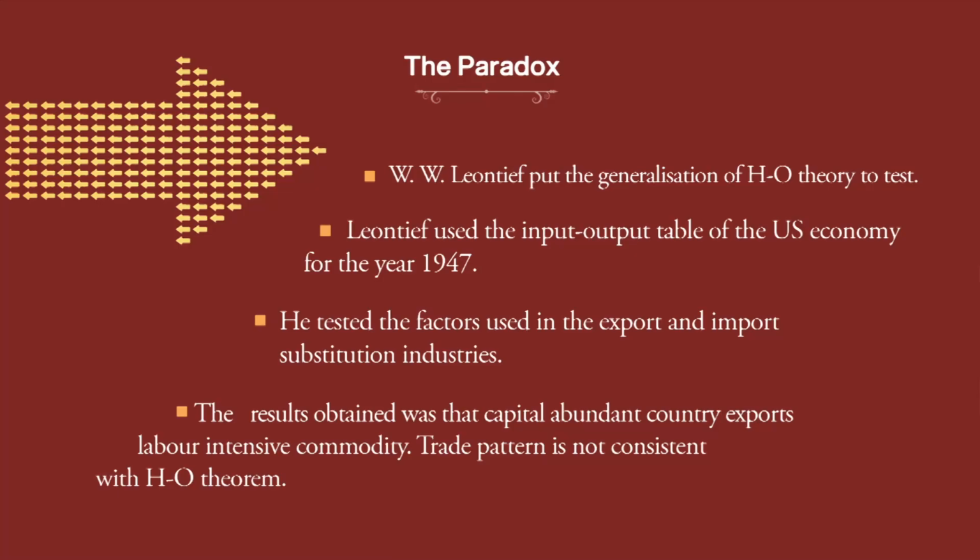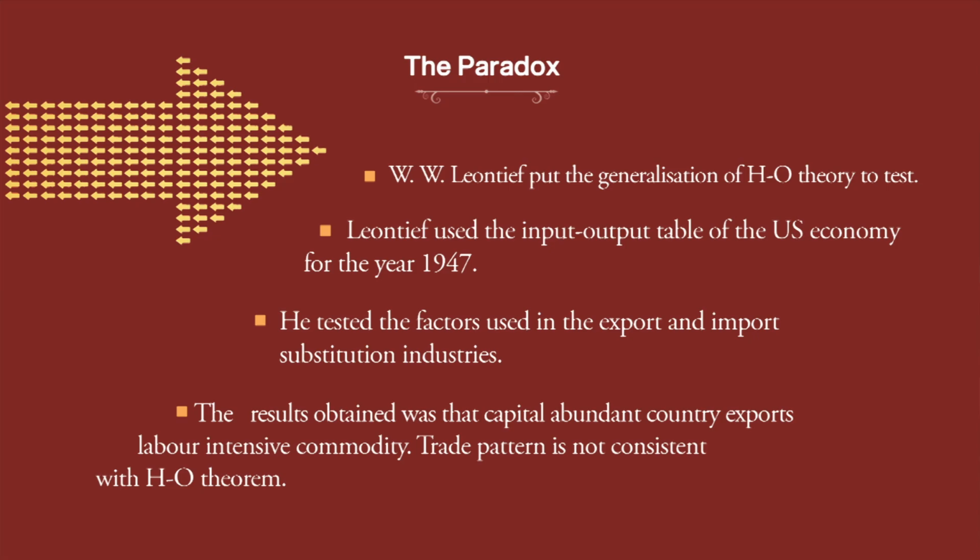Leontief, and W. Leontief put the generalization of Heckscher-Ohlin theorem to test, and he used the input-output table of the US economy for the year 1947. He tested the factors used in the export and import substitution industries.